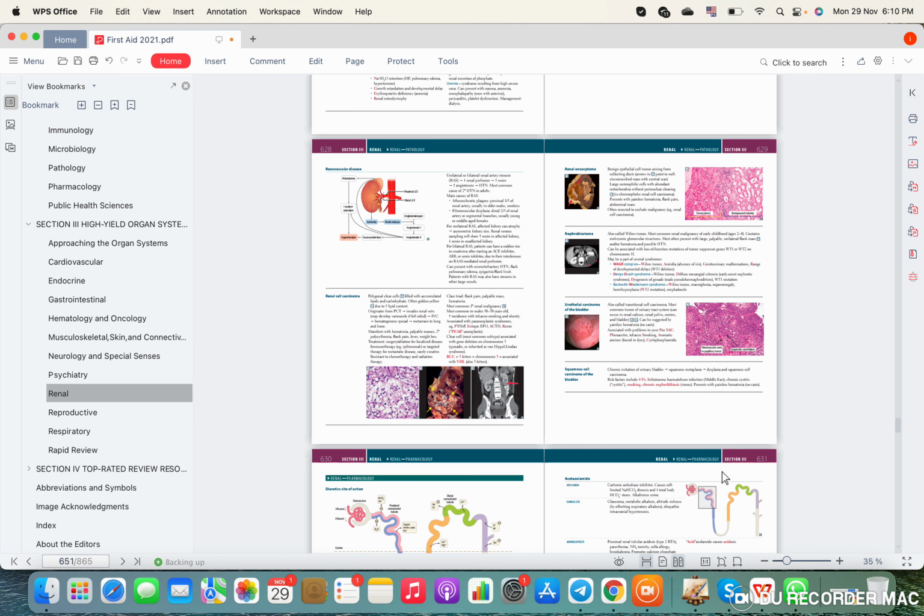Speaking about cancers of the kidney, if you remember in pathology, we spoke about cancer in general, and then I told you for each system, we will speak about its cancers. We spoke about cancers in the heart. Can you remind me what was the most common type of cancer of the heart? Yes, we will have a review time today.